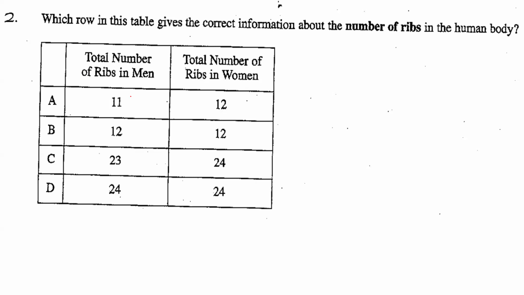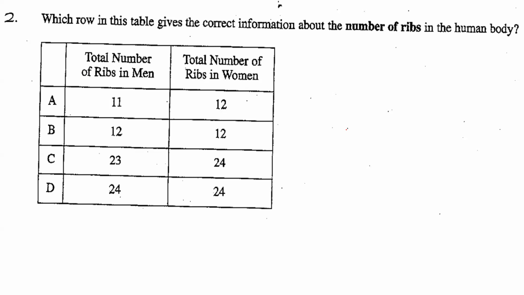Men have 23, women have 23? Or D? It's B. It's A. So men have less ribs than women? That's funny. C? So women have more ribs than men. That's what you're trying to say.